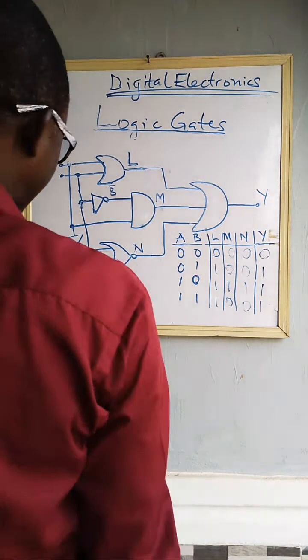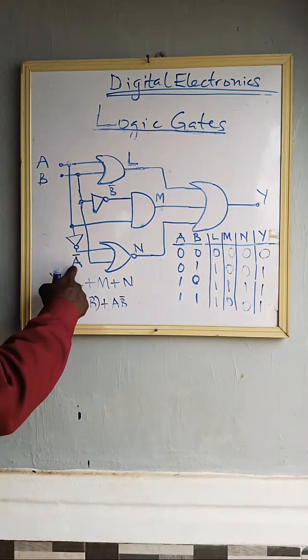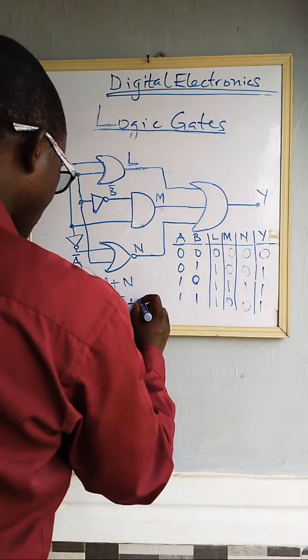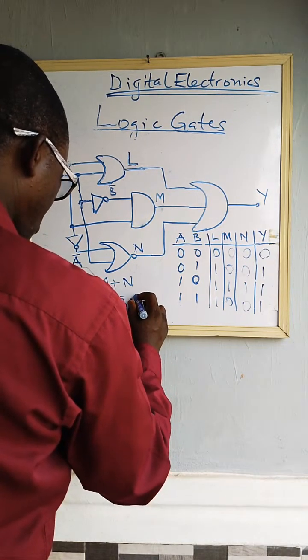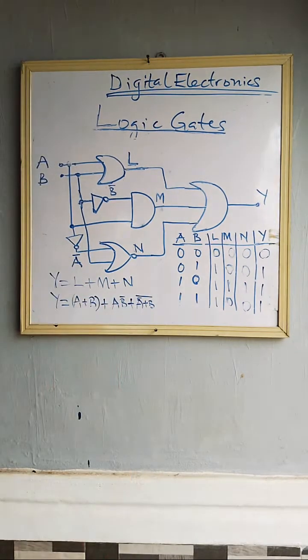And N is a NOR function between A bar and B. So we have A bar plus B all bar. This is a NOR function. So this is an expression for the output of the combinational circuit.